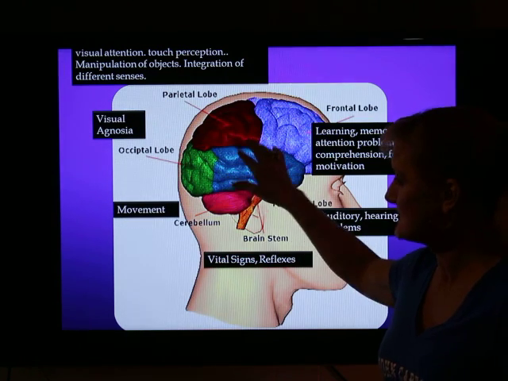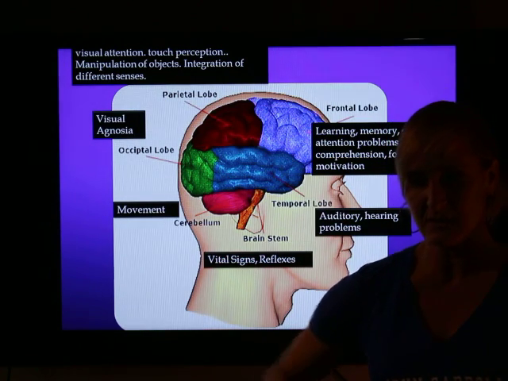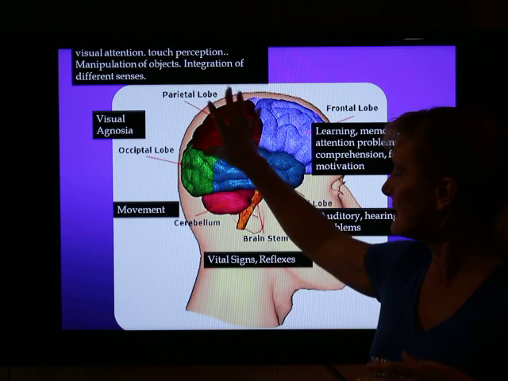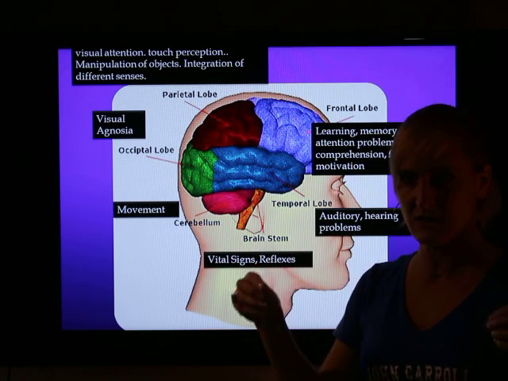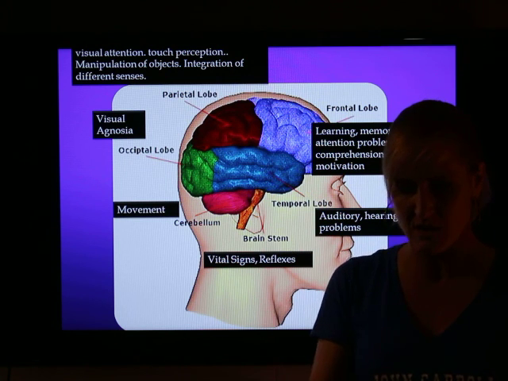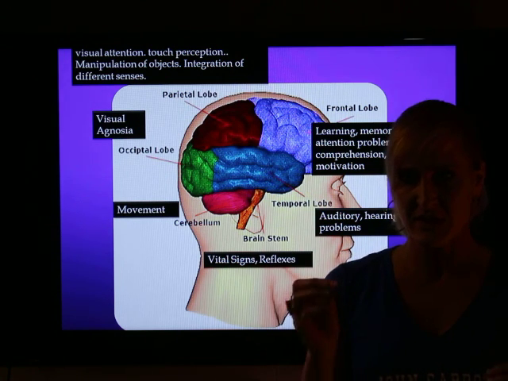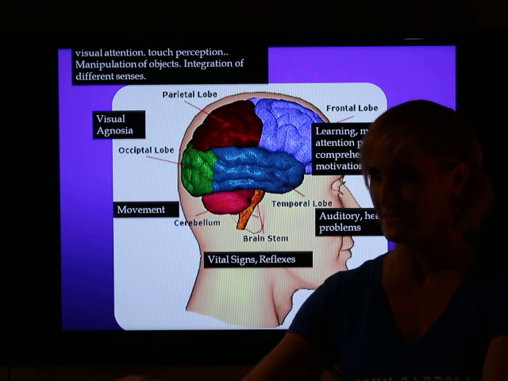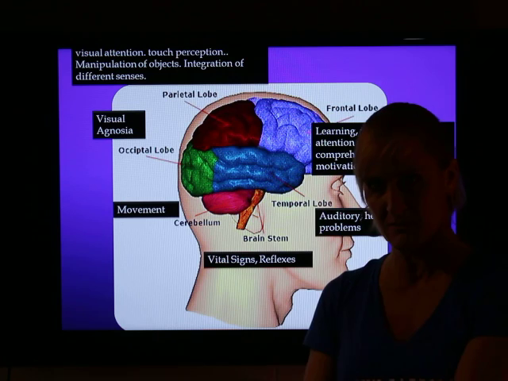Another problem that happens in here is neglect of one side, because there's a lot of spatial orientation in here. So if you put their fork or silverware down, or you hand them something, they miss it. If their fork is here, they can't just clamp onto that fork.